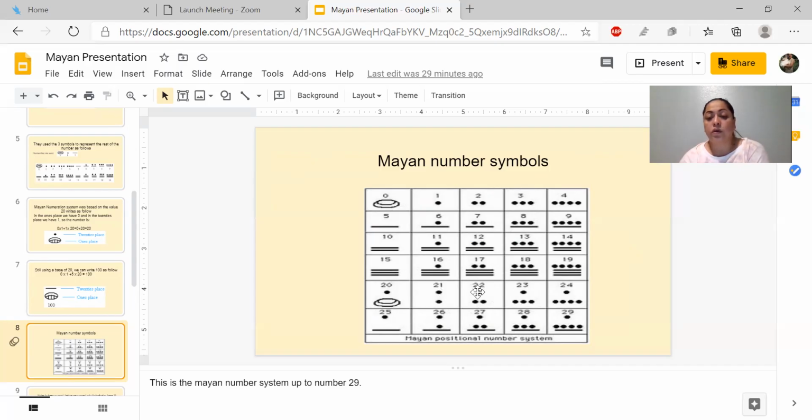The 22 is represented by a dot for the 20, and then two dots, and so on all the way to number 25, where they represent the dot for 20s, and then the line, which is a 5, and continue on all the way to the 29th number.